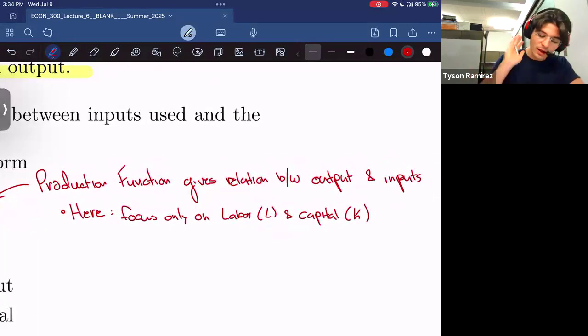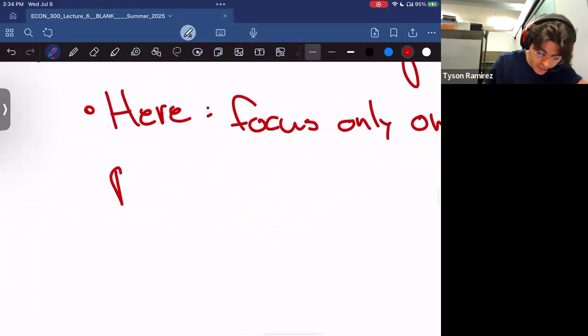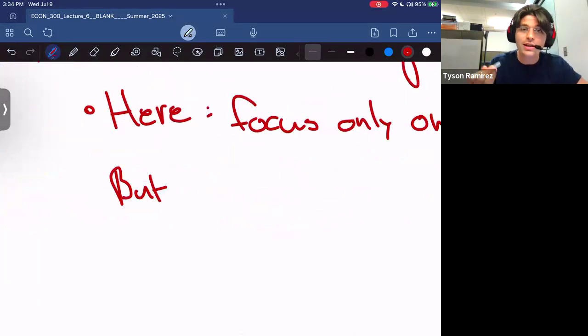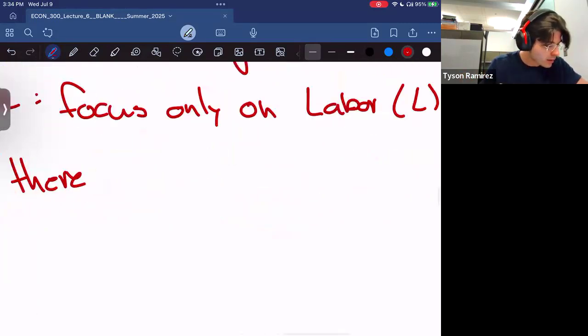Nonetheless, here we're only focusing on labor and capital. But there are, of course, other inputs to production.